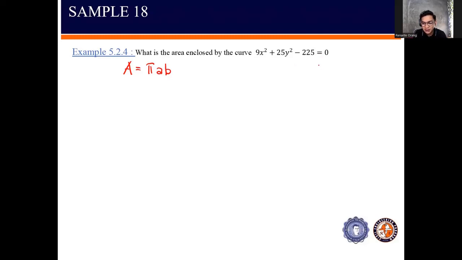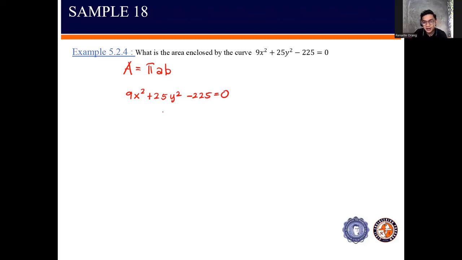For that, let us make this general equation into a standard equation. So what will we do, sir? We will separate first: 9x squared plus 25y squared minus 225 is equivalent to 0.